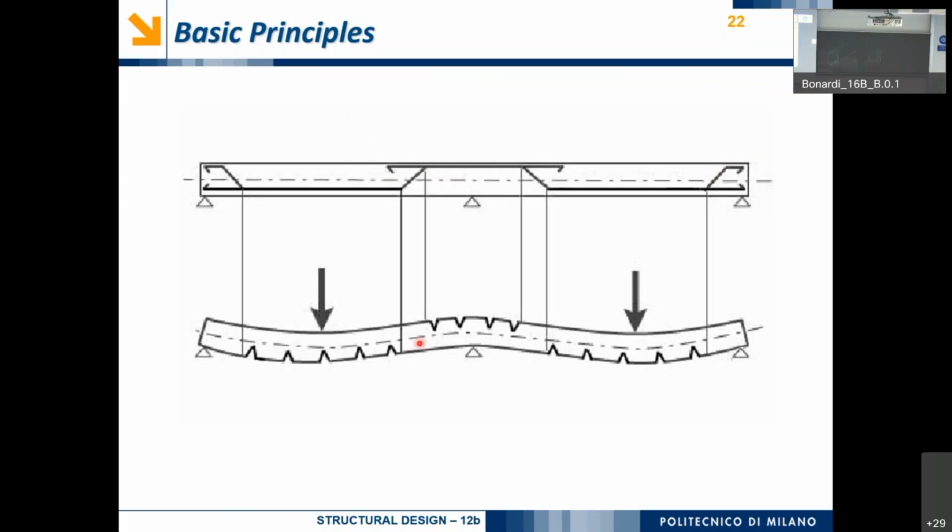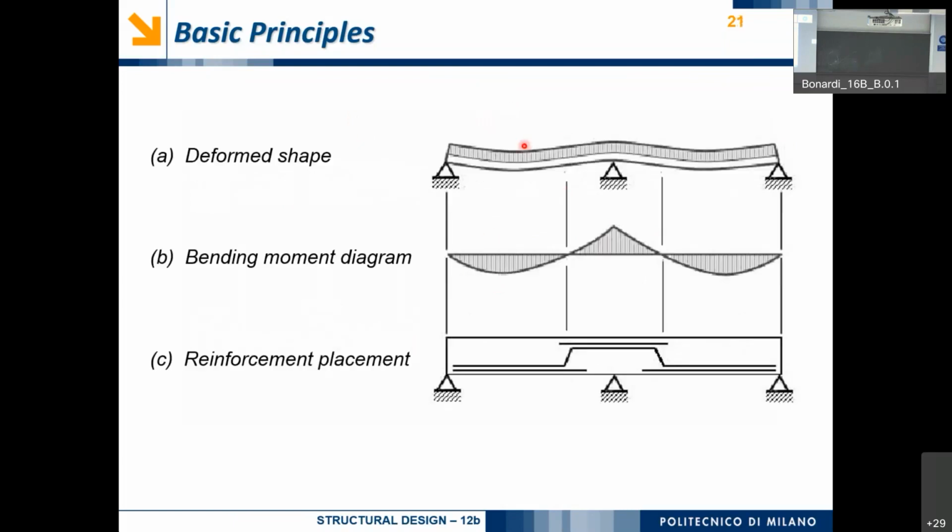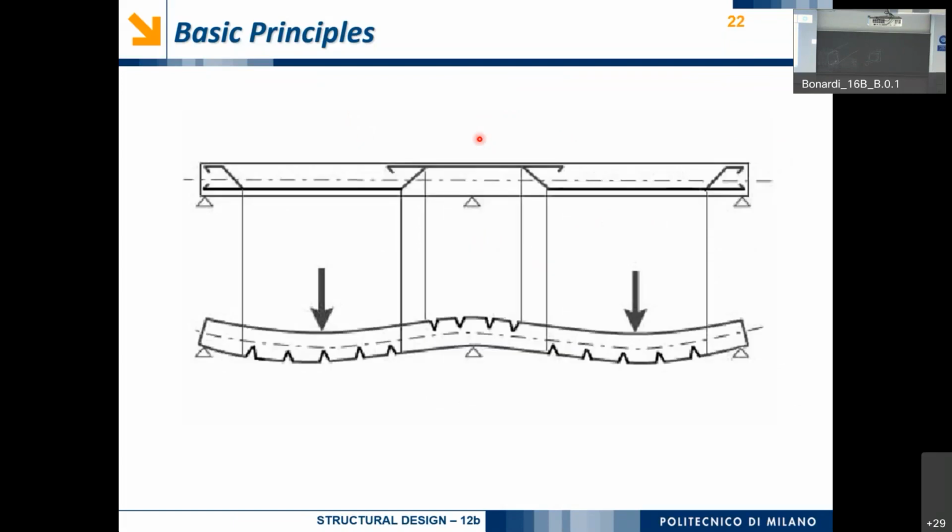So if this beam undergoes that level of stress, the one that is associated to the transversal load, what happens is that the reinforced concrete element cracks. We have cracks at the bottom fibers in the span, and at the top fibers where we have negative bending moment.